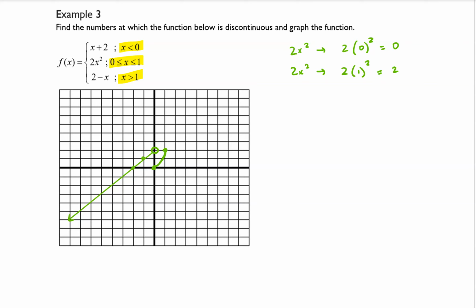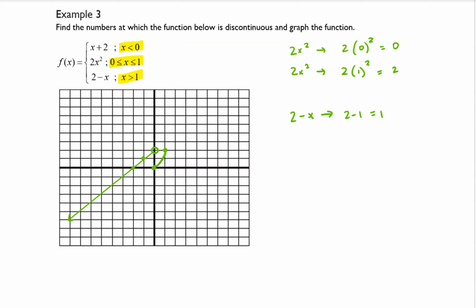And then when x is greater than 1, we would have negative x plus 2 or 2 minus x, whatever you want to think about that. So I'm going to plug in 1 there. So 2 minus 1 is equal to 1.